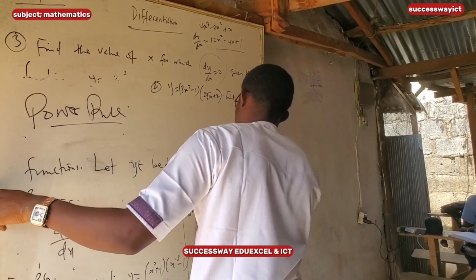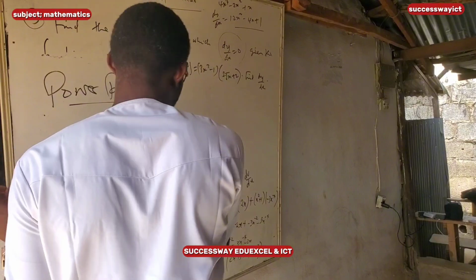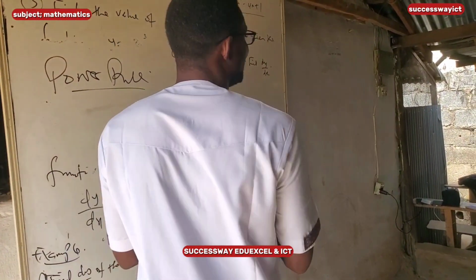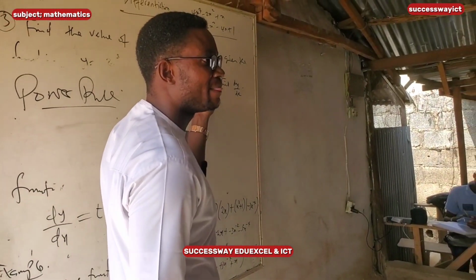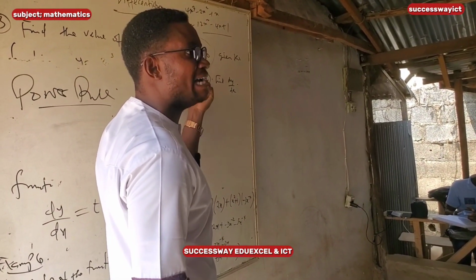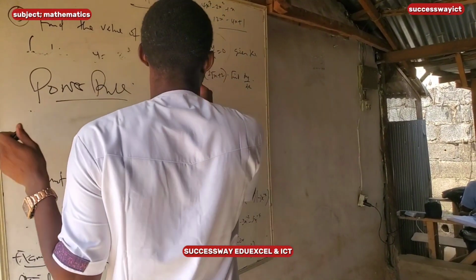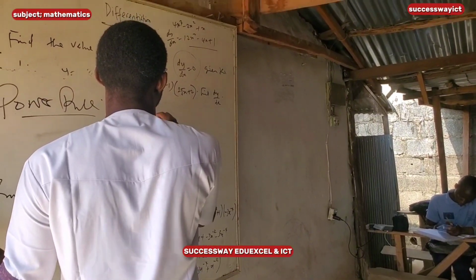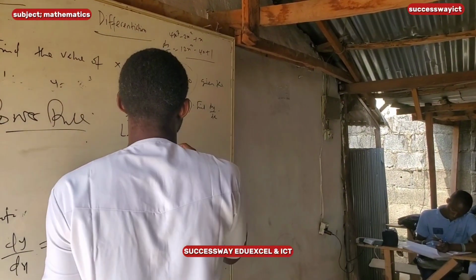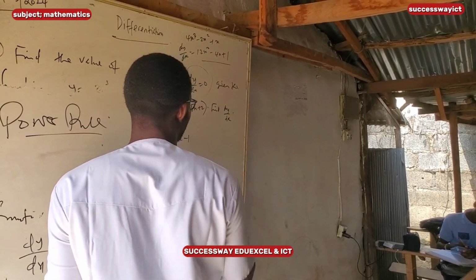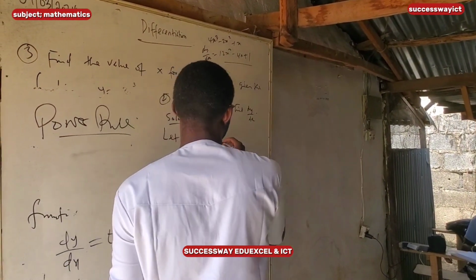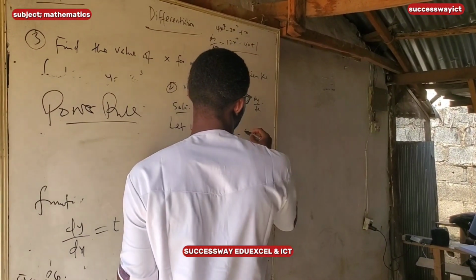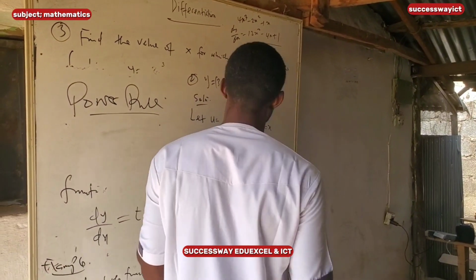For those of you who did not understand, look at it. It's very simple. When you have two functions multiplying, let your u be equal to 3x squared minus 1. The du dx is what? 6x.